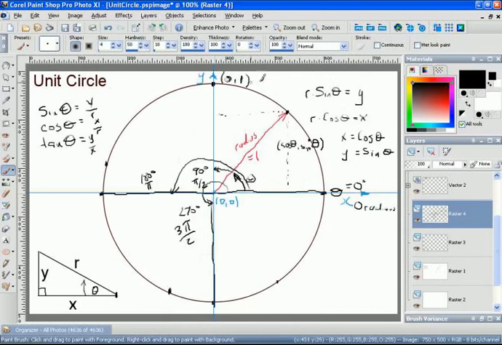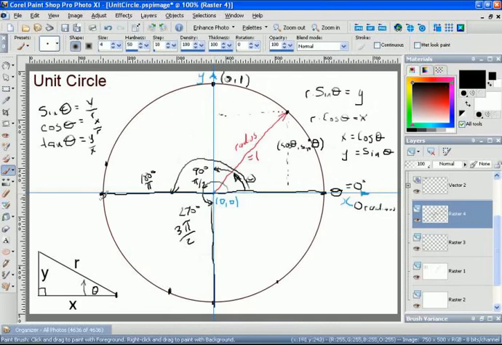We can confirm this by using the rule here for the x and the y. Cos of theta, where theta is equal to 90 degrees, is 0. Sine of theta, where theta is 90 degrees, is 1. So once again, we get 0, 1 as our two coordinates.